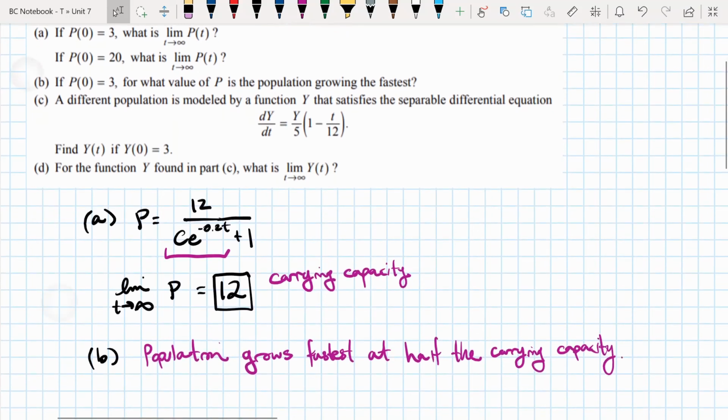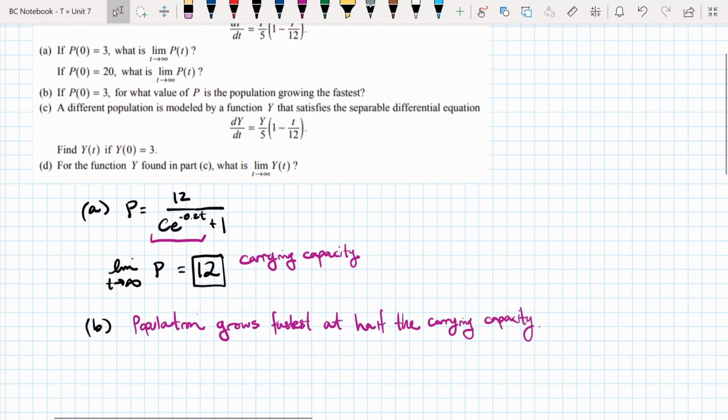So what is half the carrying capacity? That is 12 over 2, so it's 6. That's the P value where it's growing the fastest, because that's half the carrying capacity. So those are the two logistic differential equation questions here.